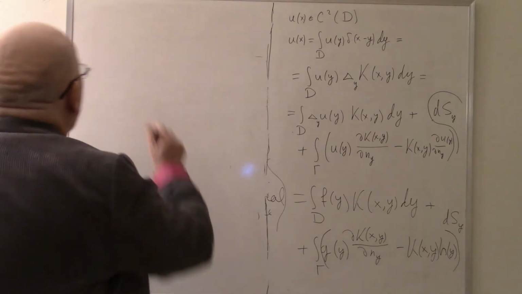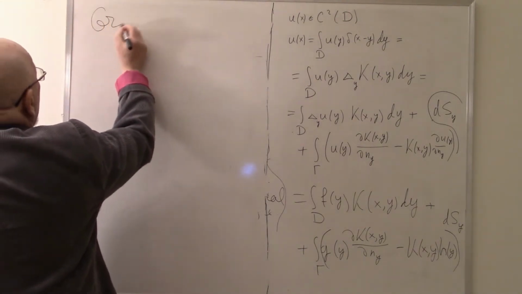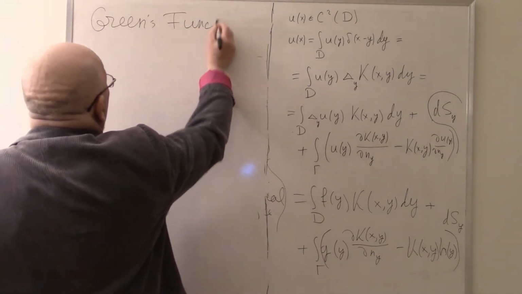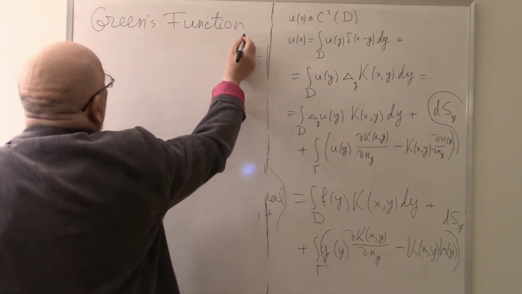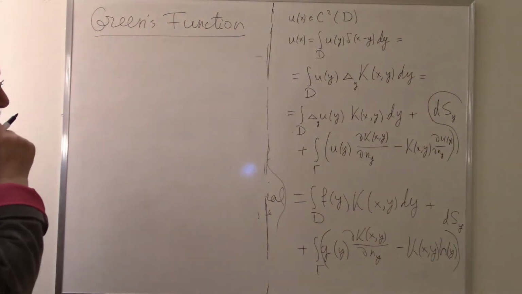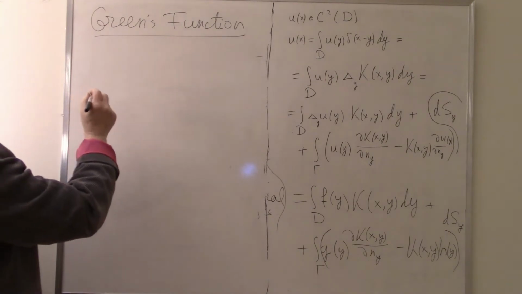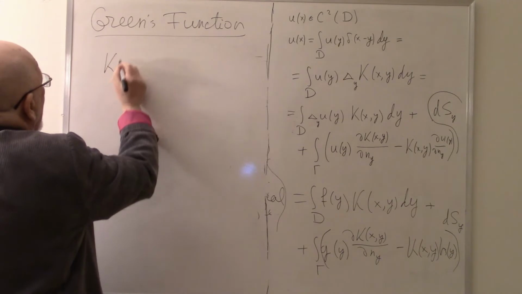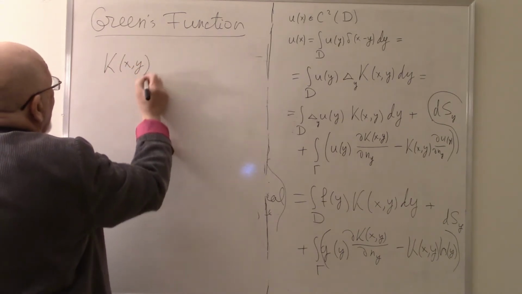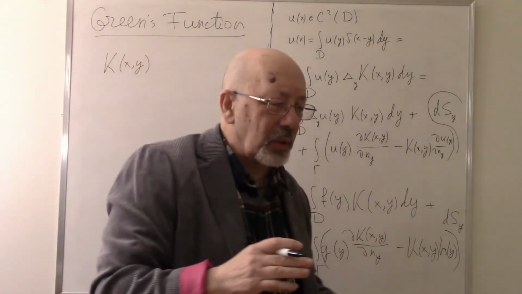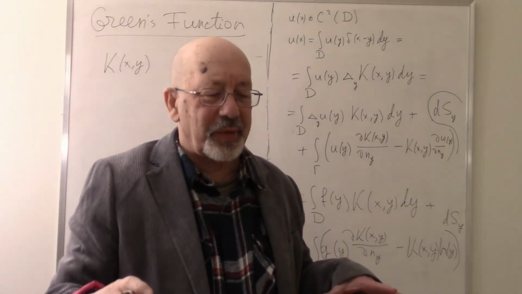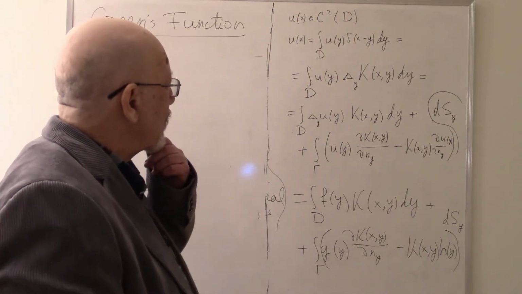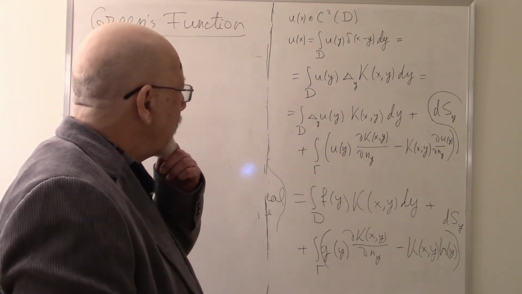And here comes what is called Green's function. It is the following function. Consider first the function k of xy. K of xy is good, as it gives us a solution, but it does not permit us to satisfy the boundary conditions.